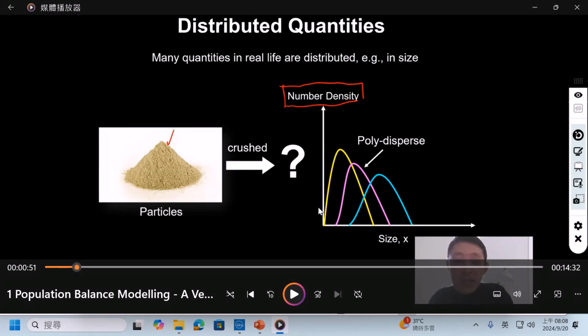The difference between the probability density function and number density is this: after you normalize the number density, you get a probability density function. For number density, you don't know this at the beginning.